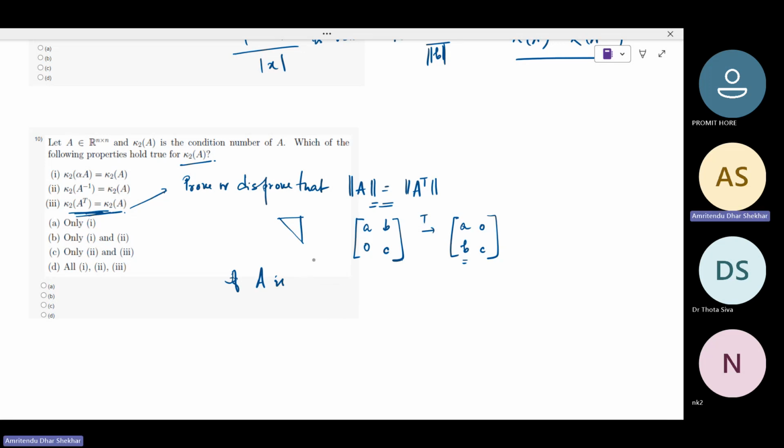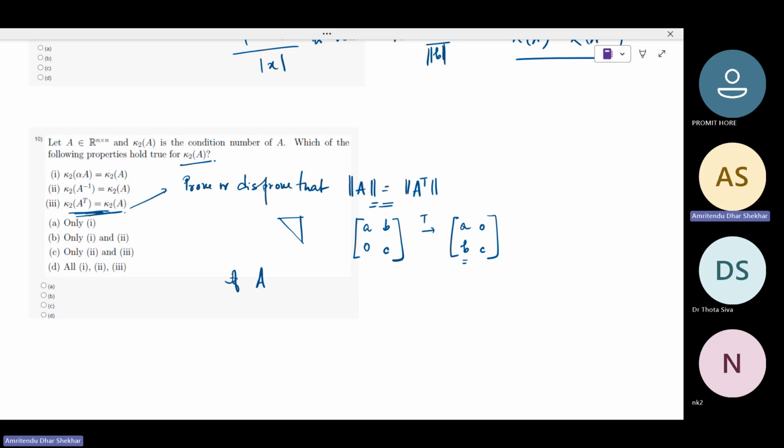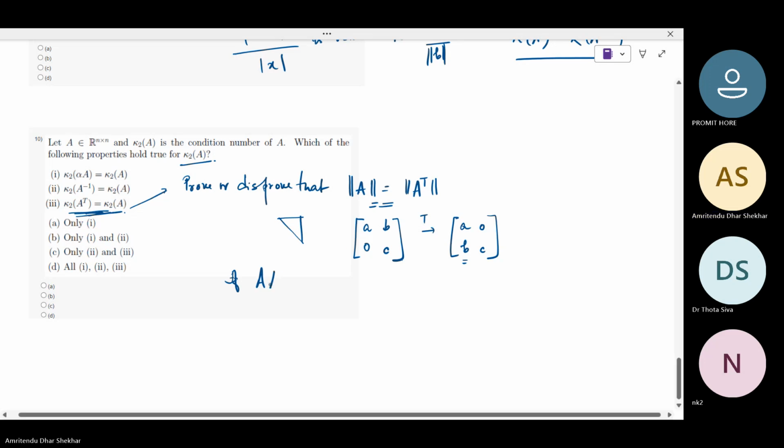I think if A is symmetric, let's say, then it's obviously true. There is a particular class of linear maps which satisfy this property, A transpose is equal to A.